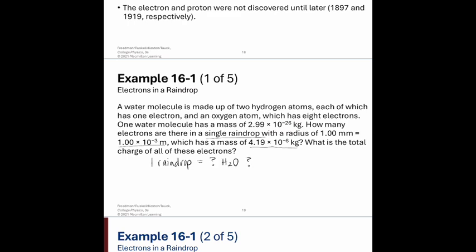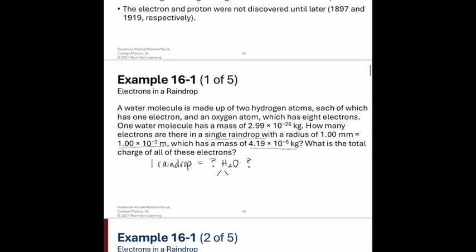That's the first question we need to figure out. And then from there, we know that each hydrogen contains 1 electron, and that oxygen contains 8 electrons. And so from there, we'll be able to figure out what the total charge is of all the electrons in all the molecules that make up that raindrop.